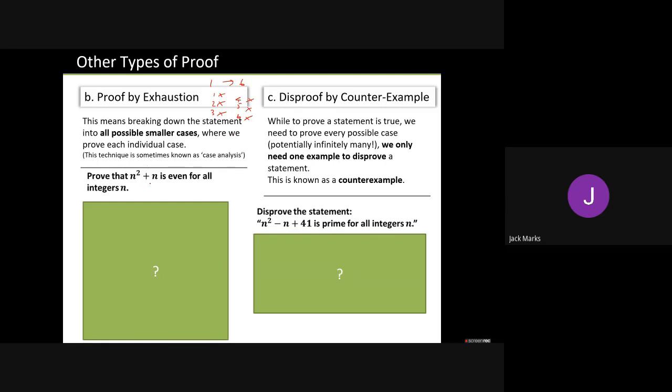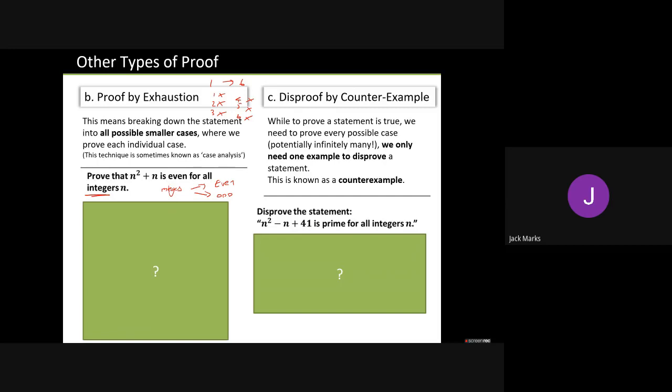Prove that n squared plus n is even for all integers. Well, here the clue is about integers. So what kind of integers can you have? Really, you can be talking here about even and odd. Those are your cases.